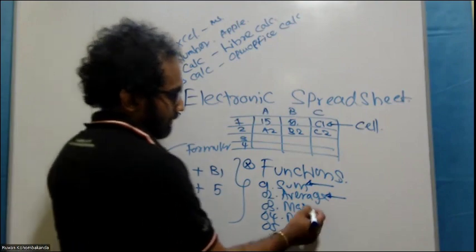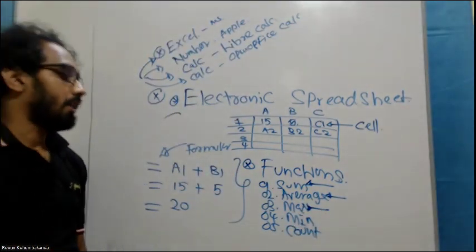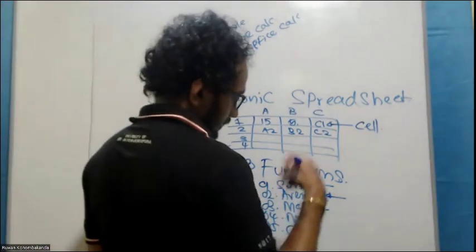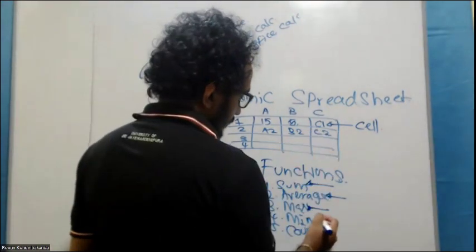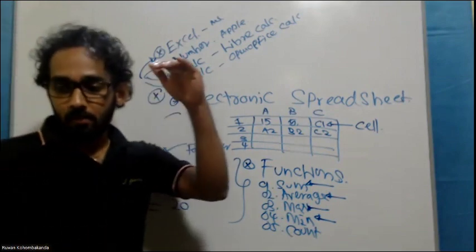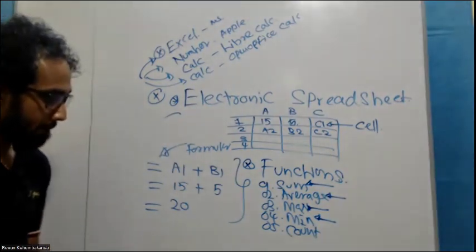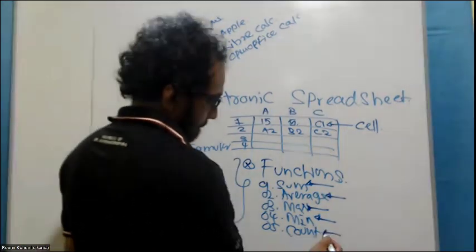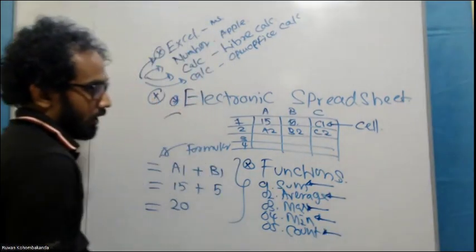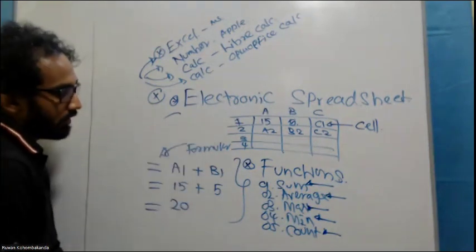Then what is the purpose of max? Finding the largest number in a given list. What is the purpose of min? Finding the least number in a given list. Then what is the purpose of count? Count the number of cells which are selected, included in numbers, only numbers.